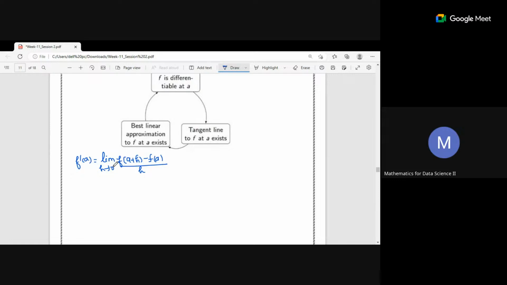Now I just want to rewrite it a little. I will bring this f dash of a to the other side: the limit as h goes to 0 of (f(a+h) - f(a))/h minus f dash of a is equal to 0. So the limit is only for this part. Now I want to bring this f dash of a inside the limit also. So what I am going to do is this.